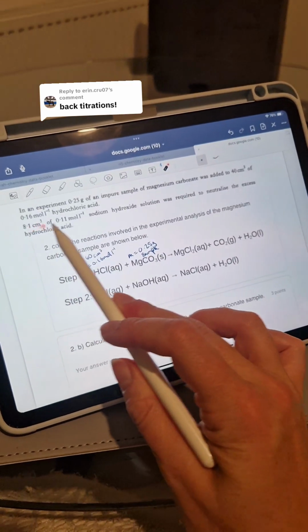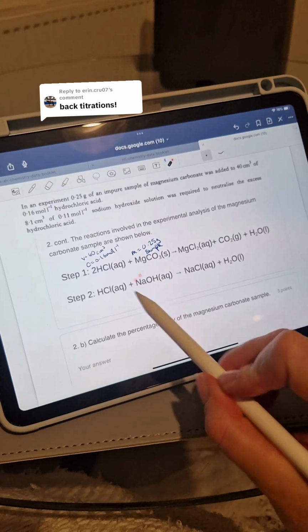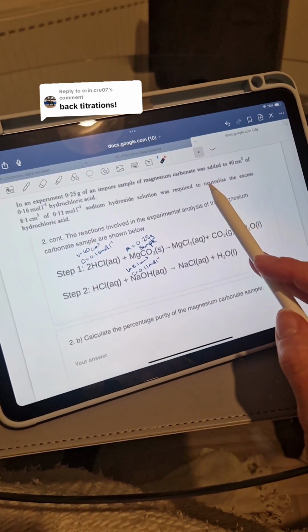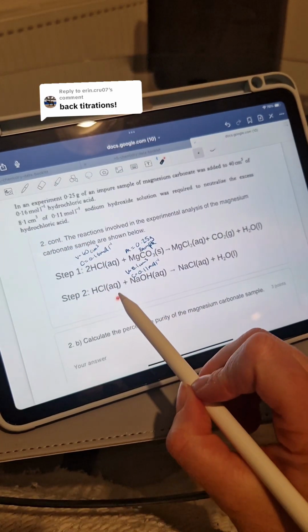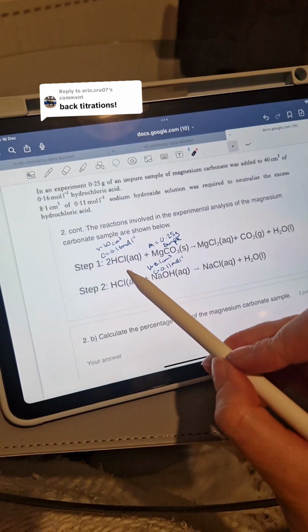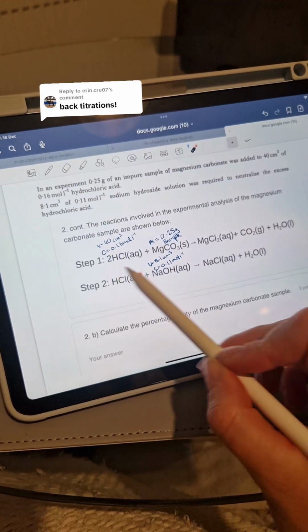And then we've got a volume and a concentration of sodium hydroxide. Here's the sodium hydroxide, so I'm going to write that above here. Also mentions about, like I said, neutralising excess hydrochloric acid, which means that this is going to be involved in the calculation. You can also see that the HCl is what links these two steps together, so this is key here.